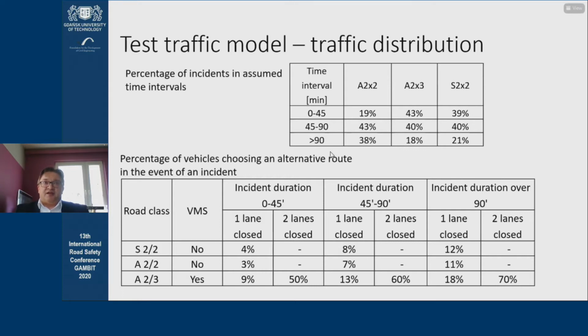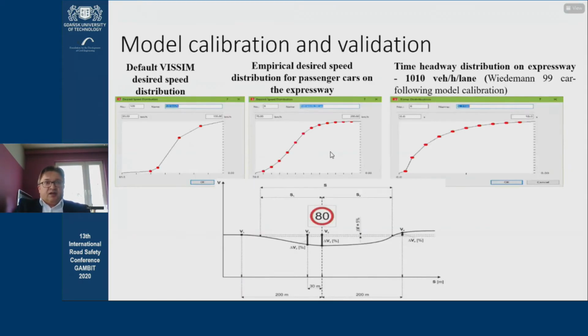The duration of the incident was based on data we retrieved from regional fire services. We also estimated the share of vehicles which used alternative routes when there was an incident. We used the Viator traffic system.